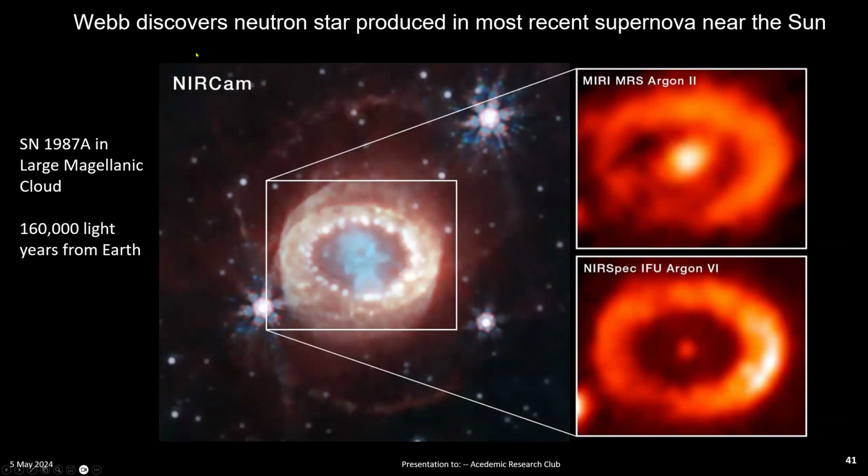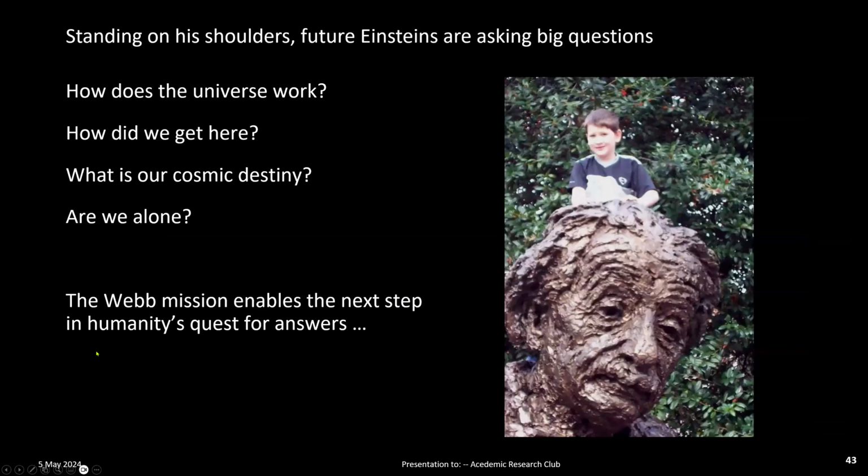Here is another example of a very recent supernova, supernova 1987A, in a companion galaxy of ours called the Large Magellanic Cloud. And the Webb has been able to see the progenitor star of that supernova for the first time.